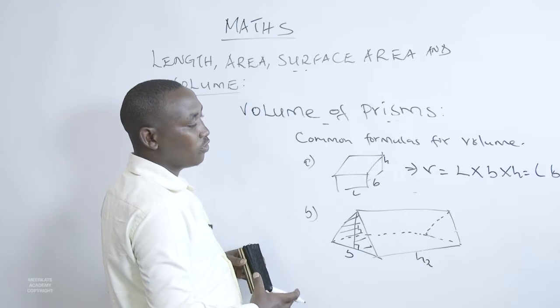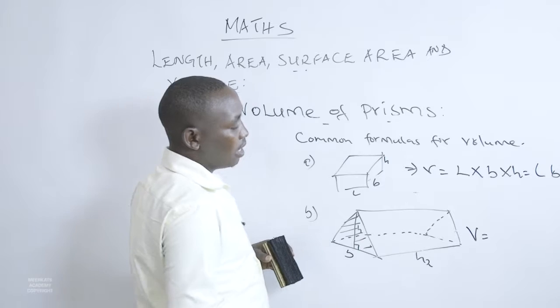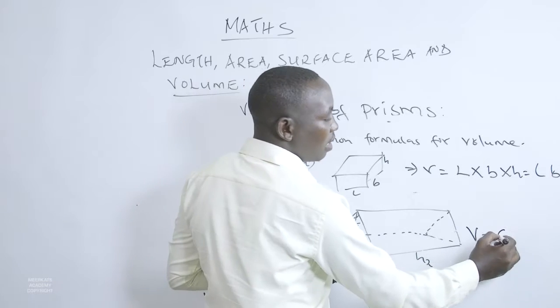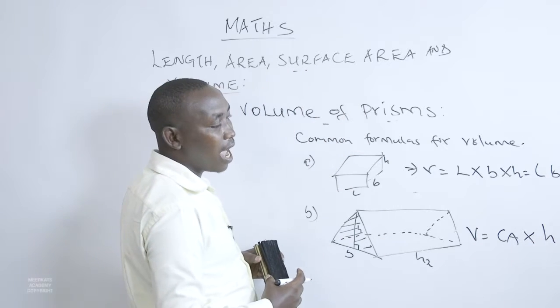Then for us to find the volume of this particular figure, we take the cross-sectional area and multiply by its height.